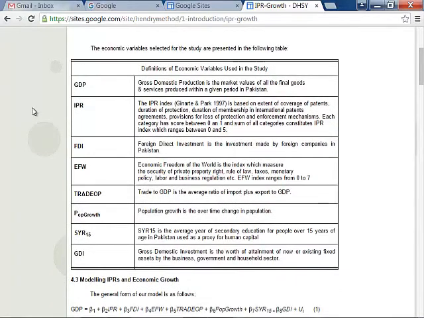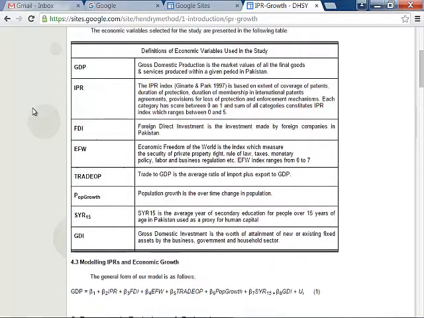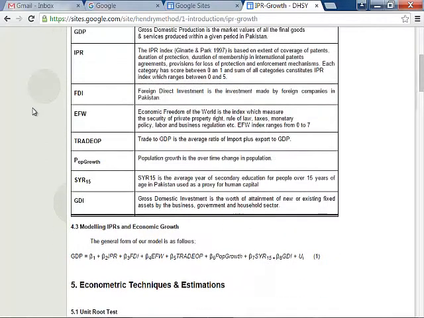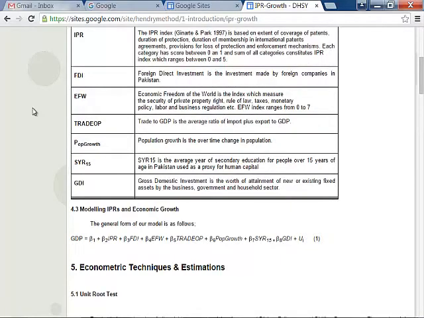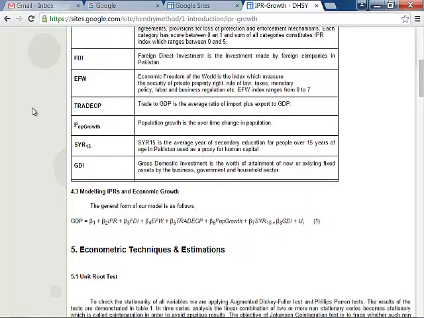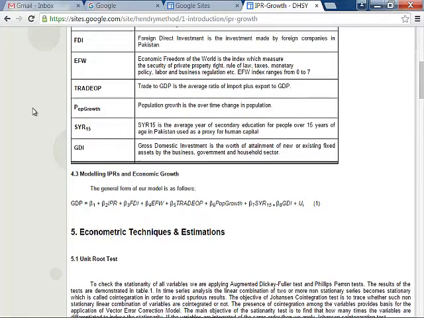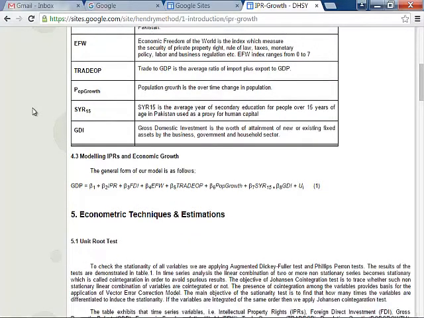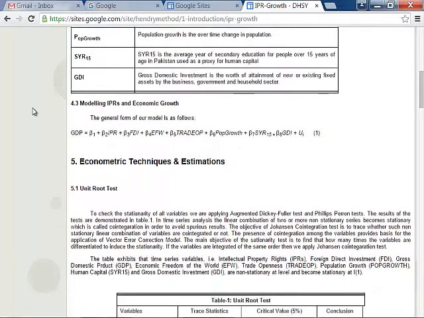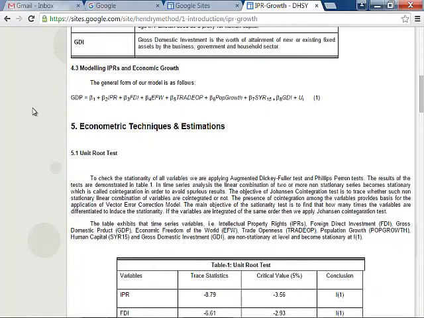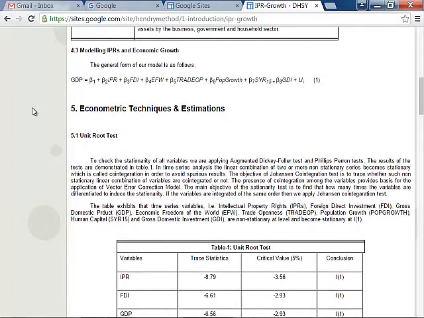Here's GDP, here's IPR, International Property Rights Index, FDI, EFW, the Freedom Index, trade, GDP ratio, population growth, secondary years of education, and gross domestic investment. Now here he has put in the investment variable. So at least the major criticism, that the major variable has not been included, is not applicable to this equation.